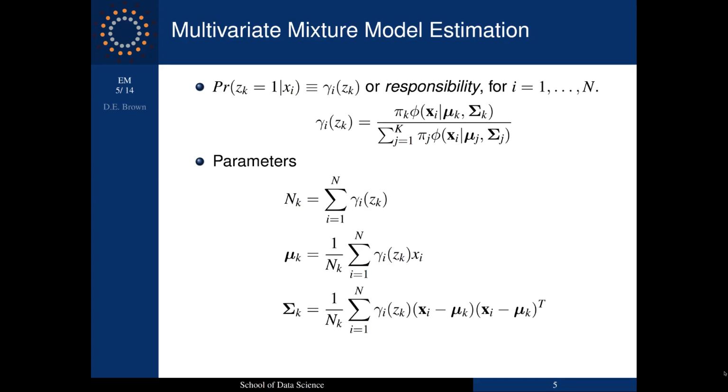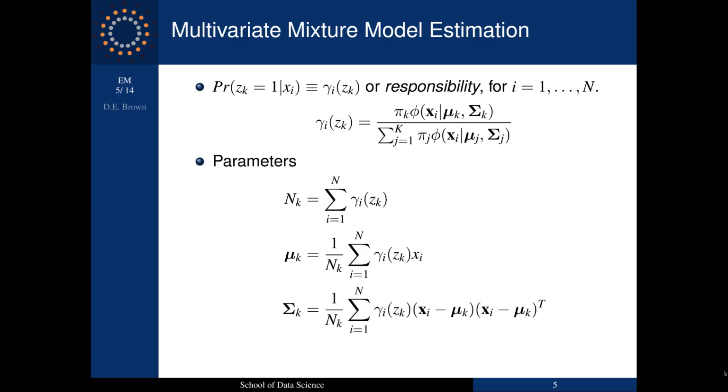We do the same thing really for estimating the variance-covariance matrix of each of the component mixing probability distributions by just looking at the weighted average of each one of the sum of squares matrices found as the outer product of each observation's values minus the mean vector for that particular component.